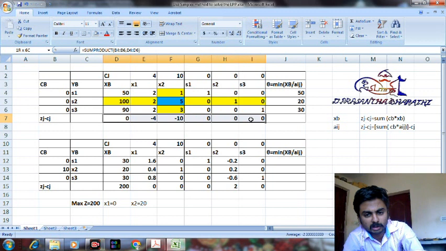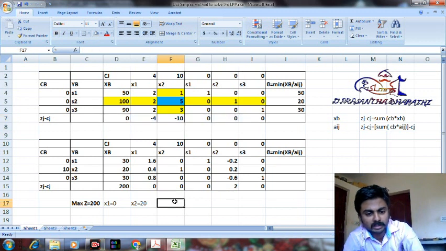Using these formulas only, we are calculating these last column values.